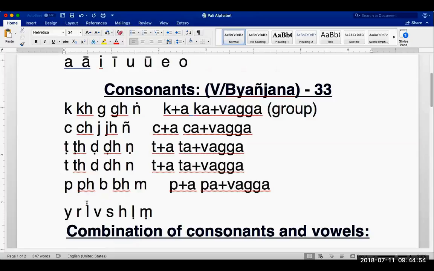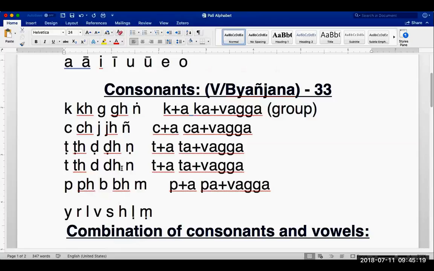And there are two more letters. L, this L, okay, and this S. Ta, th, da, dh, n, L, and S. These are called dental, or using teeth. Dantaja in Pali.